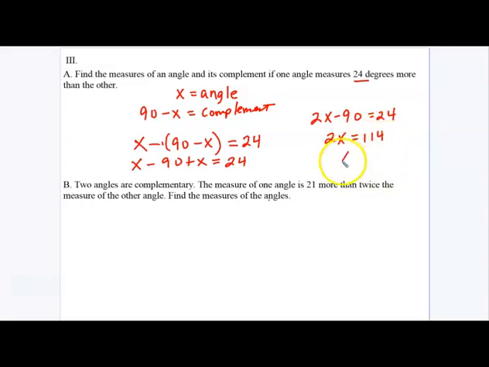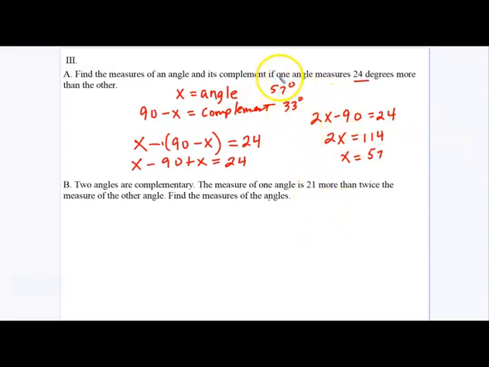And X is equal to 57. Okay, so that's the angle. And so what is the complement? So 90 minus 57 is 33.